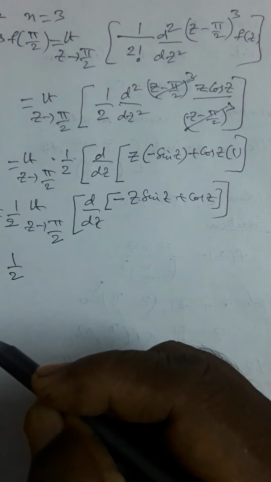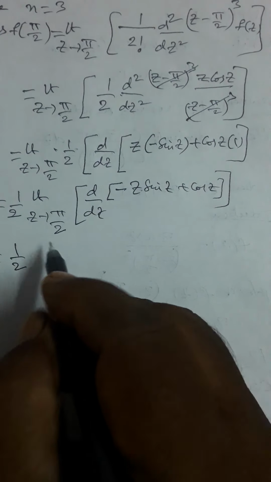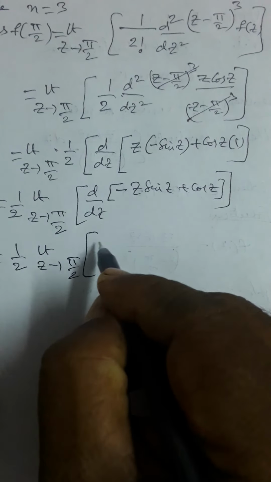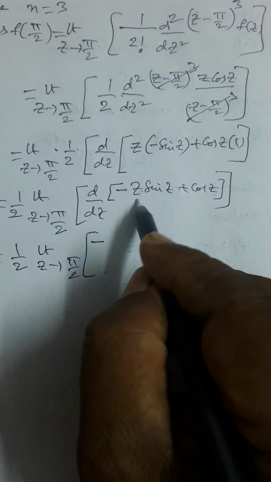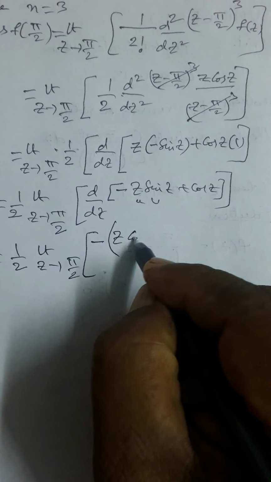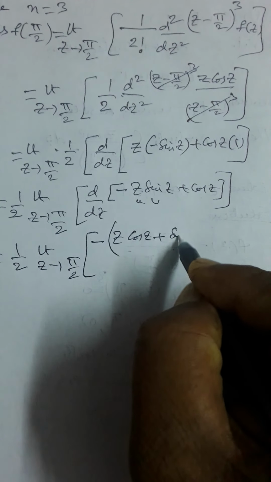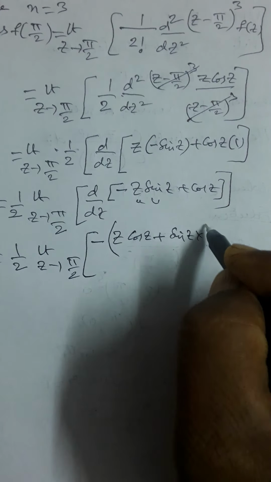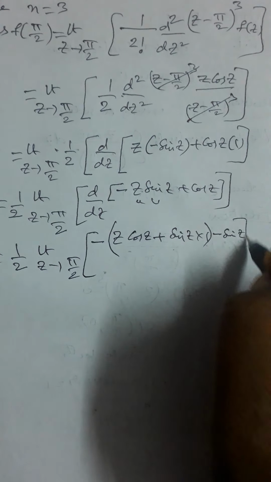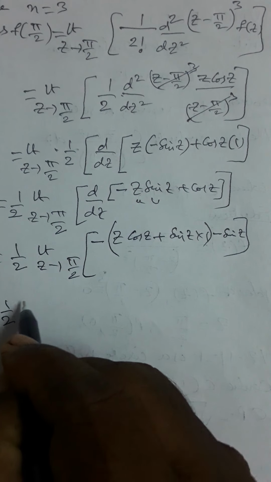Again take second derivative. Limit z tends to pi by 2, minus UV formula: z into sin z derivative cos z plus sin z into z derivative 1, cos z derivative minus sin z, 1 by 2.